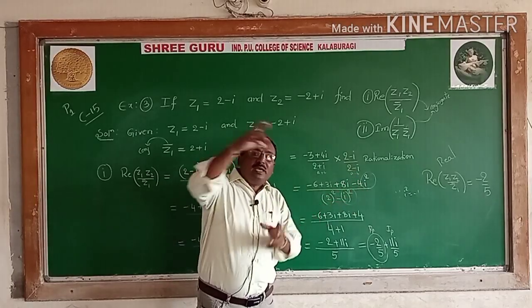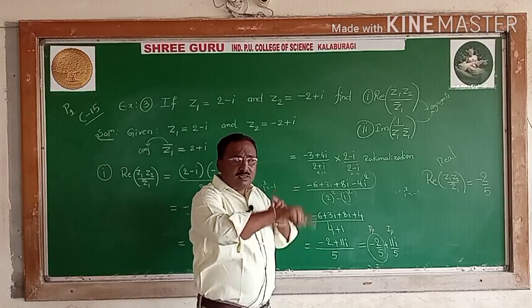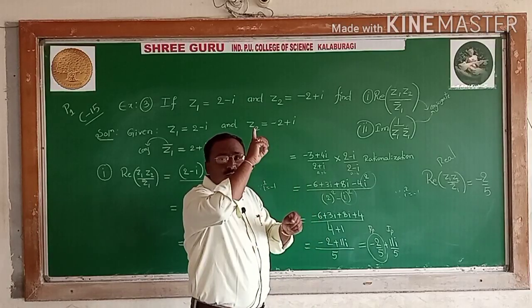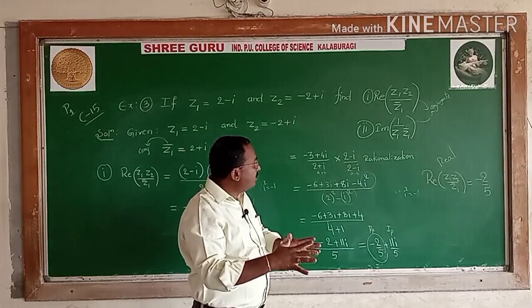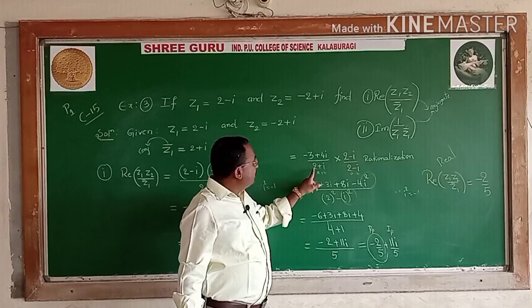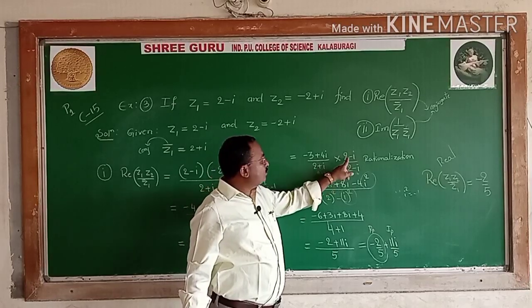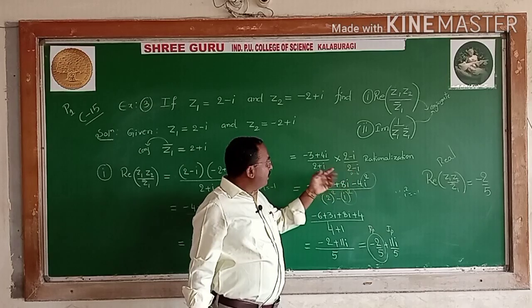It is an incomplete complex, so make it complete by division of complex, rationalizing the denominator. Class 12 algebra of complex numbers: 2 plus i becomes 2 minus i, multiplied and divided by 2 minus i.